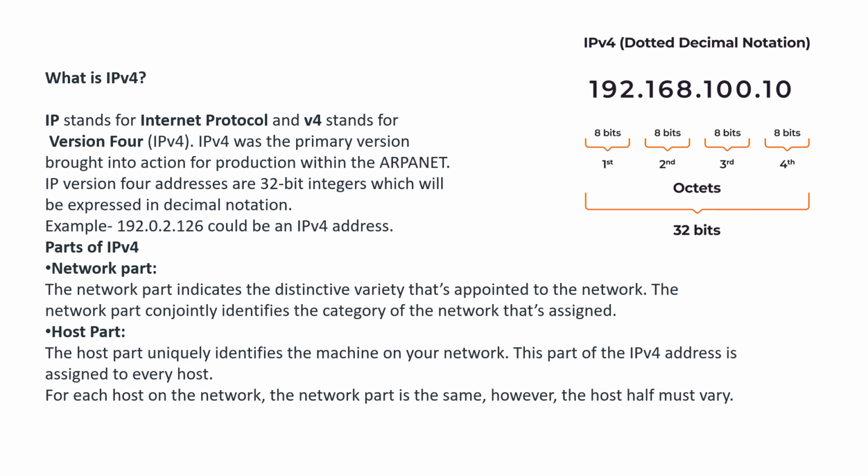Actually, the organization has to pay for every IP address. This network part is allotted by IANA, and this host part is allotted by the default gateway or router to a specific host, which makes it unique for that device.